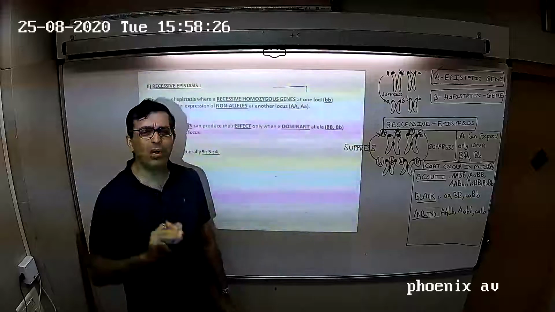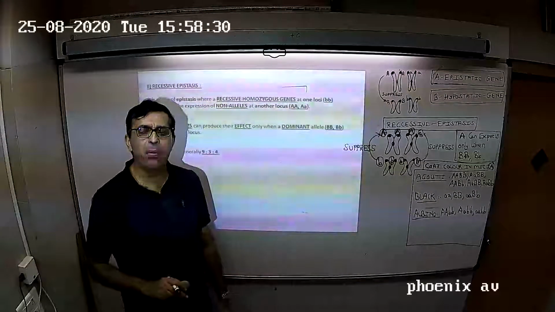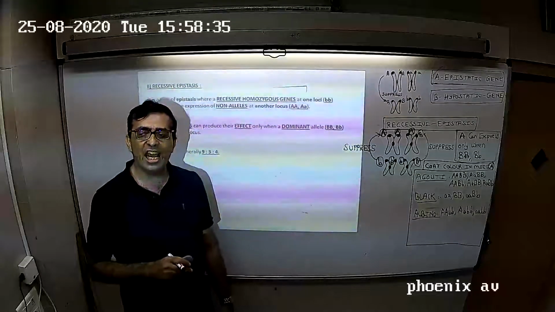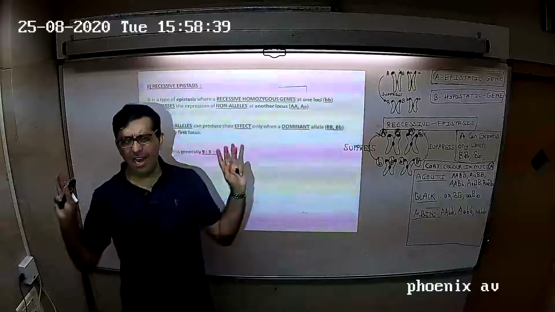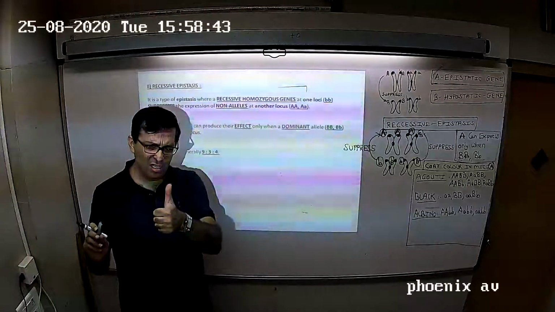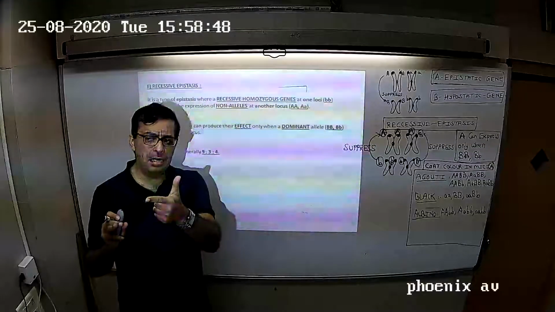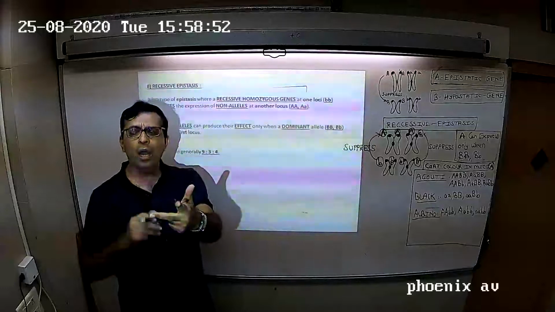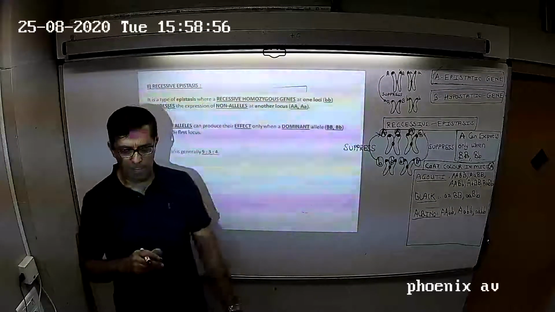Try to remember the definition, try to remember the example, and try to remember the F2 generation phenotypic ratio. बस इतना कर लेना for all kinds of gene interaction. Definition, that is the logic and the concept, and the example, and the phenotypic ratio of the F2 generation. That is all you remember.